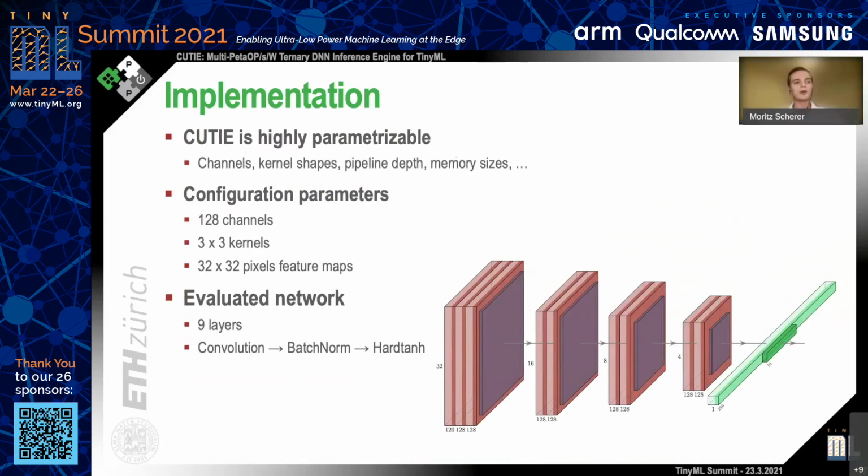Yes. So the main idea for the evaluation we did was to see how far we can go with very sparse networks and the influence this sparsity has in this, let's say, unrolled architecture.